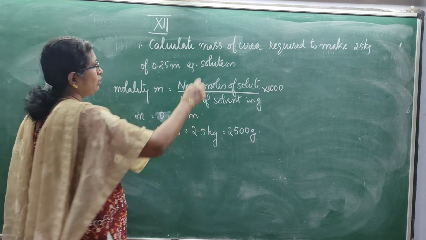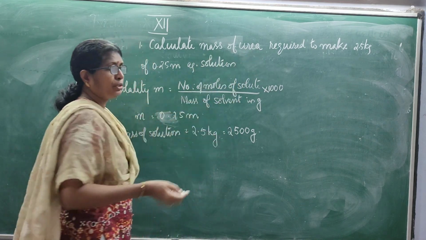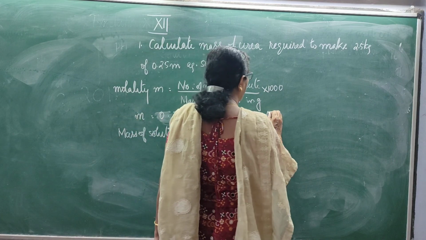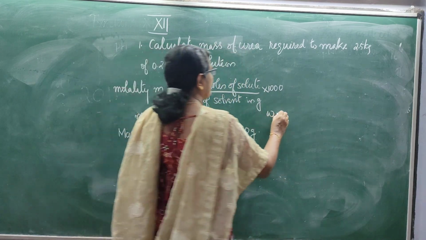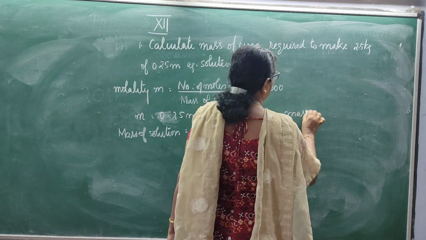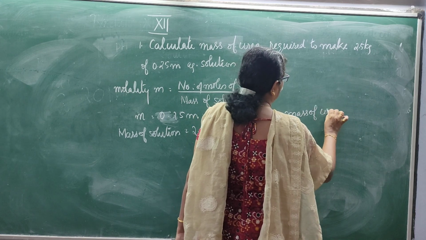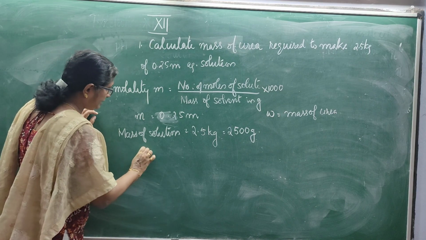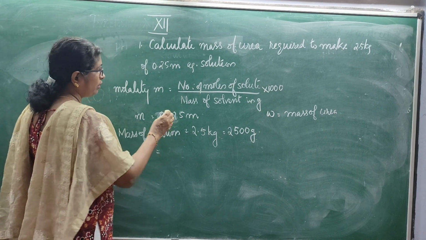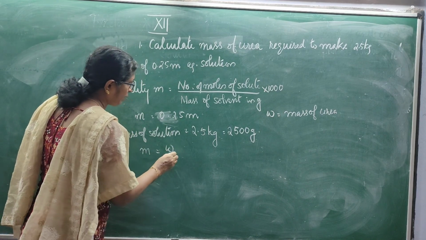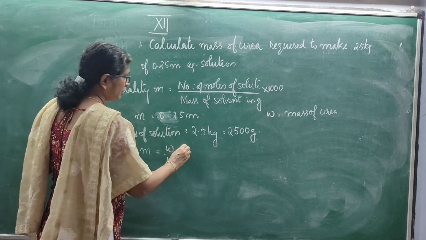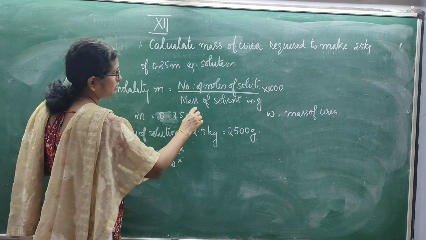Now what we have to find out? Mass of urea. Yesterday I told you the letter which denotes mass of a solute is small w. So small w is mass of urea. Now molality m is equal to number of moles, that is W by M, into 1000 divided by mass of solvent.